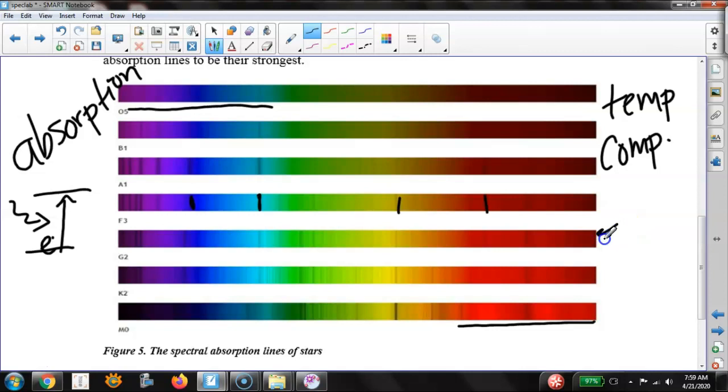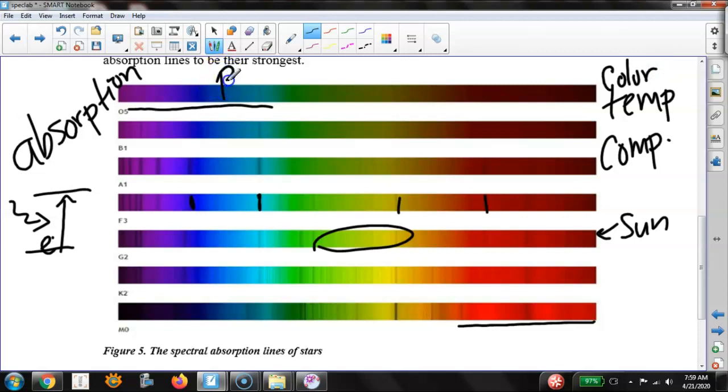By the way, here is our sun right here. It is a G2 star. Look, it puts out all the colors of the rainbow. It has a peak here in the yellow and green. That's where it puts out most of its visible light. So that's our sun. So we can tell temperature, composition. The temperature is linked to the color of the star.